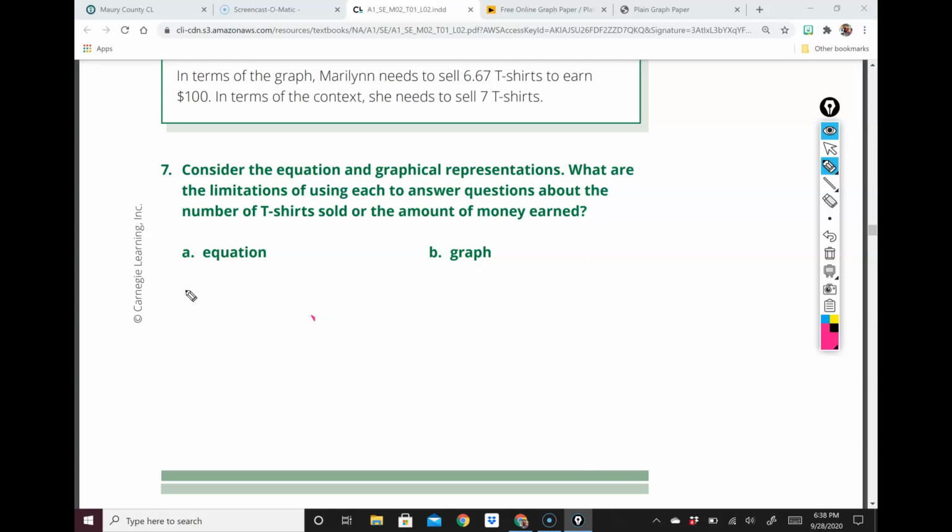Okay? So sometimes it just might not make sense. It has to make sense. The graph, sometimes it's difficult to read an exact answer from a graph, so it's hard to read that exact answer. So that's why we got both situations to look at.